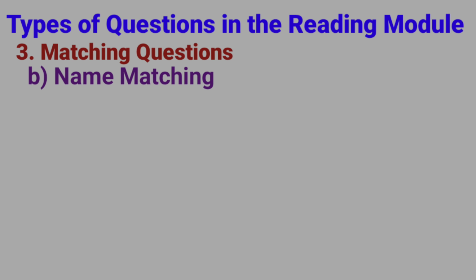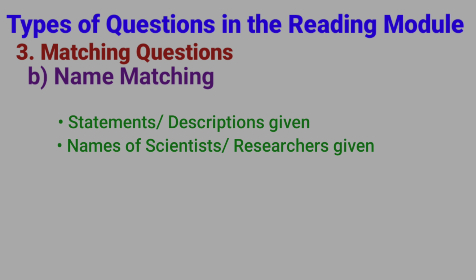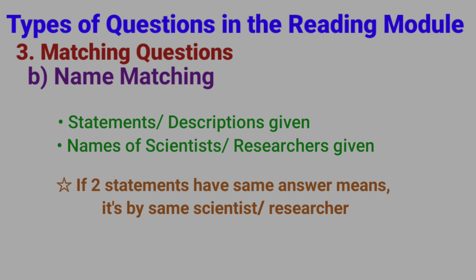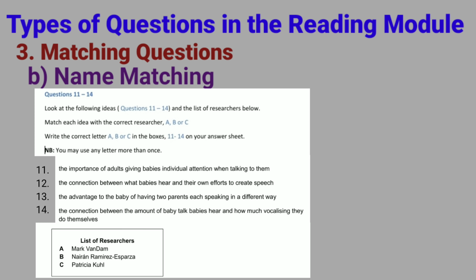Next is name matching. In this, statements or descriptions will be given, and the names of maybe scientists or researchers will be there. You have to match the statements with the scientists or researchers. Sometimes two statements have the same answer, which means both statements are by the same scientist or researcher. Here you can see the example.